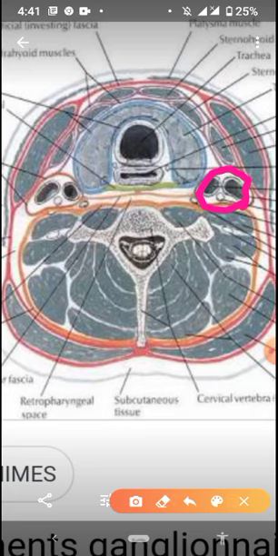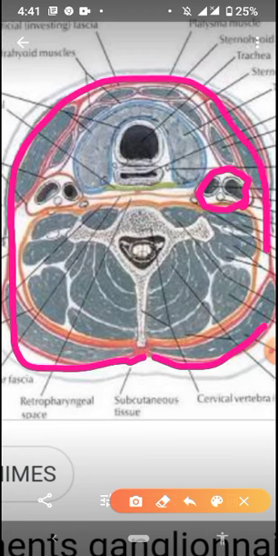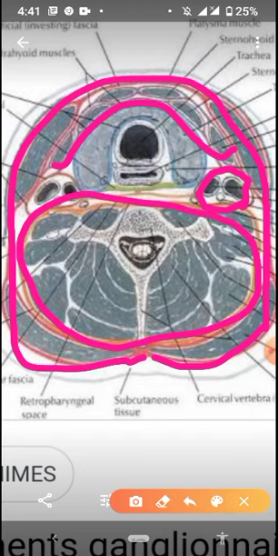Till now we have discussed the three layers of the deep fascia of the neck: the investing layer, which is covering all the way but enclosing two muscles, trapezius and sternocleidomastoid; then the pretracheal layer; then the prevertebral layer; and then the axillary sheath. The axillary sheath is when the anterior rami of the cervical nerves pass between scalenus anterior and medius, they take the prevertebral layer till the root of the axilla, and that's why this extension of the prevertebral layer is called the axillary sheath.